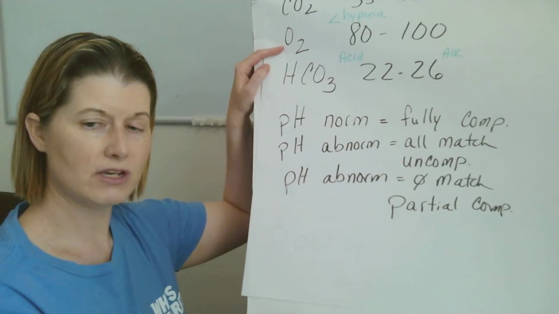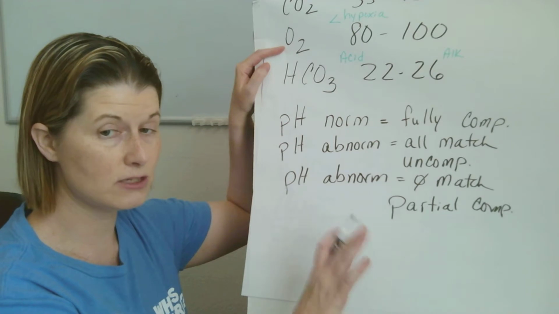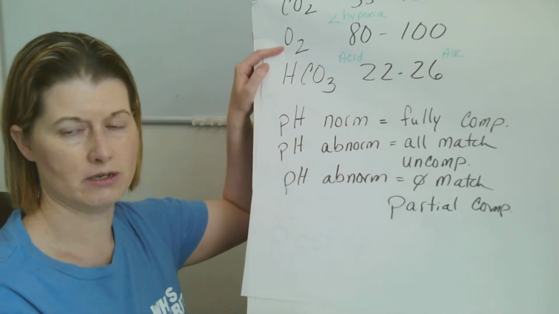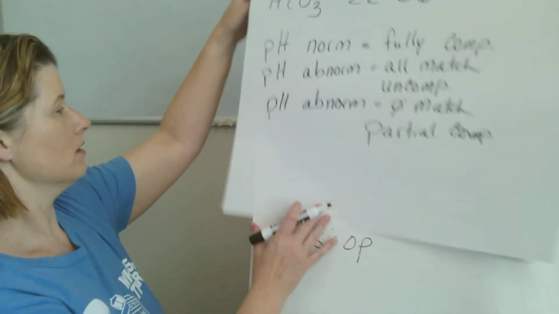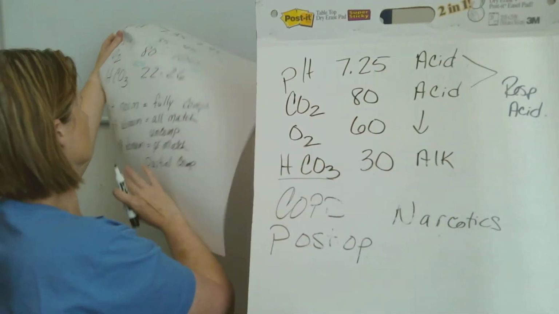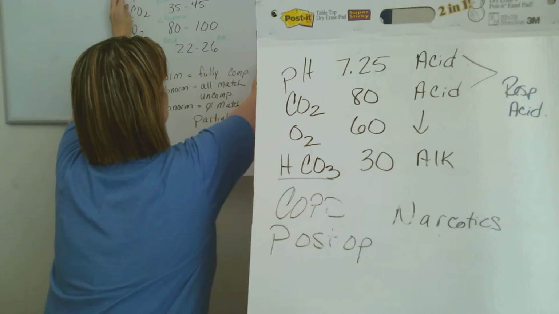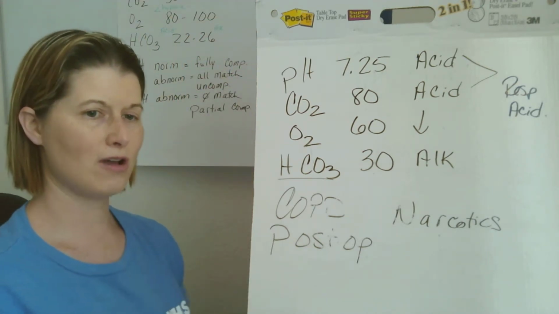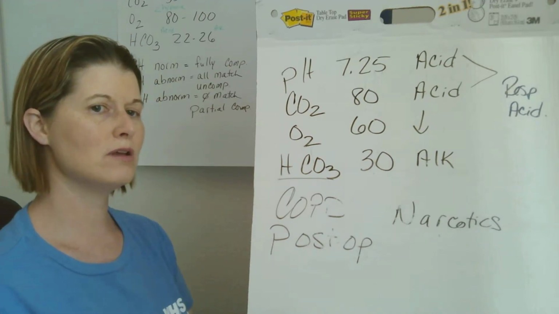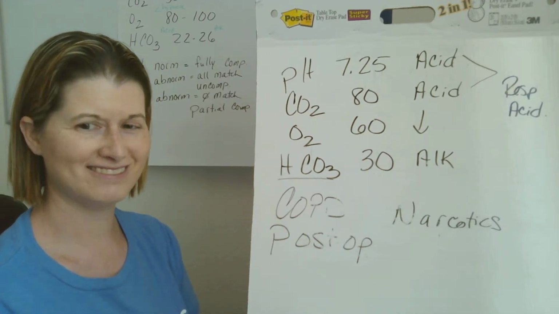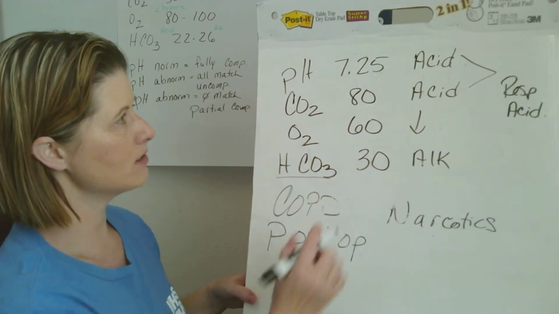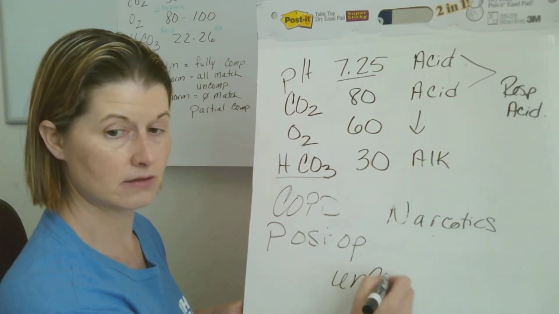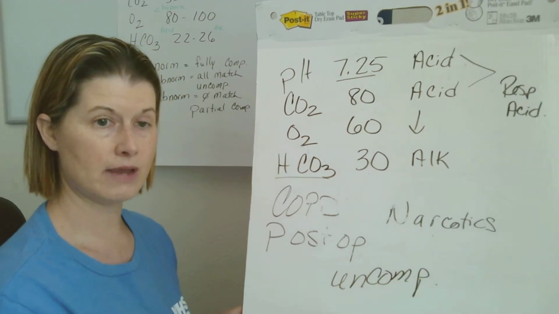It makes sense, right? Your body is trying to fix it. It hasn't fixed it all the way, that's why your pH isn't normal, but it is trying, so it's partially compensated. It's not a horribly difficult concept, but in nursing school, we make everything more difficult, don't we? So we have an abnormal pH, so we are not fully compensated, right?